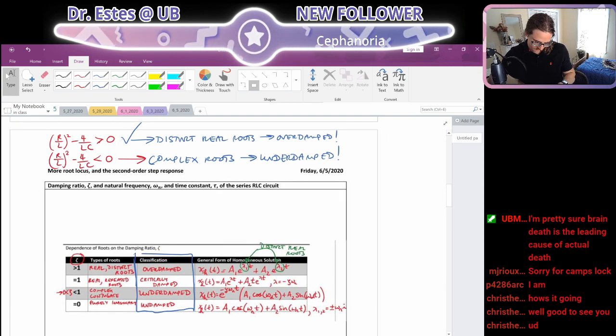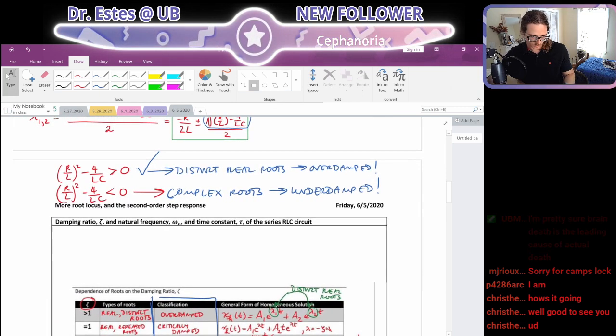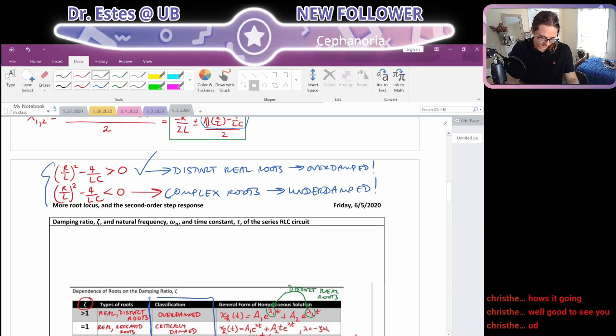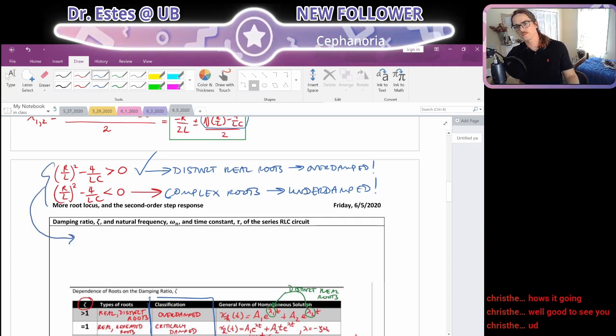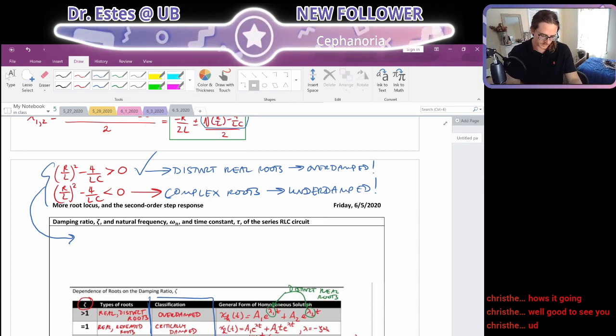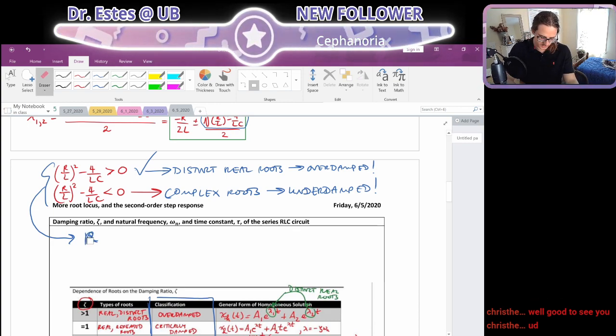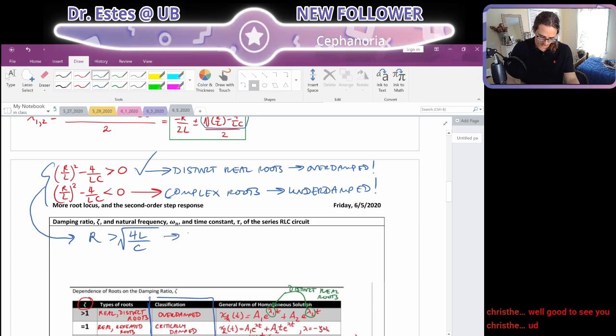Okay. So if you solve for R, because we're going to play around with resistance value today, we're going to see that for an RLC circuit, if I choose my resistor to have a value that's greater than the square root of 4 times my inductance over C, I'm going to have an overdamped system.